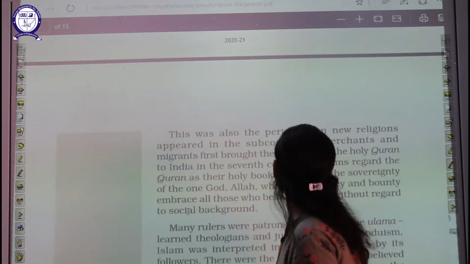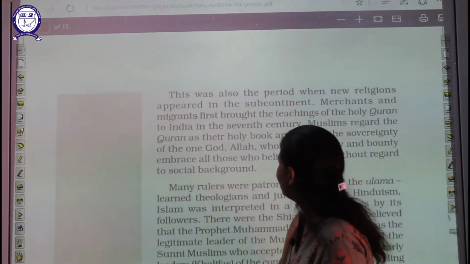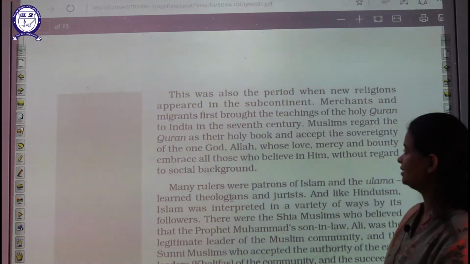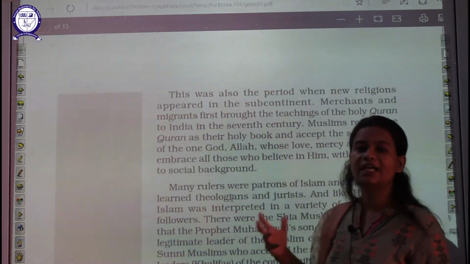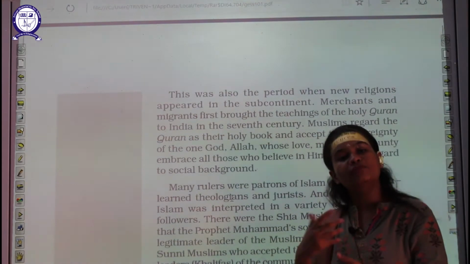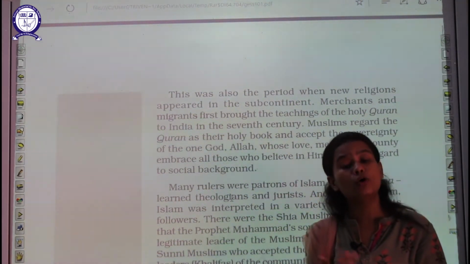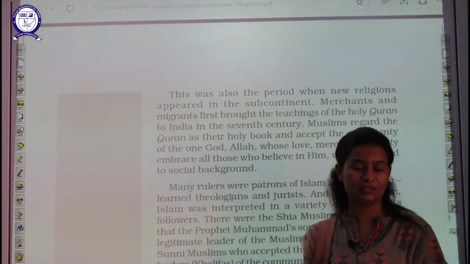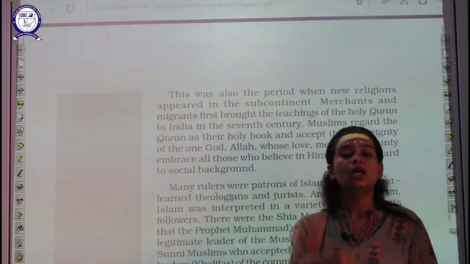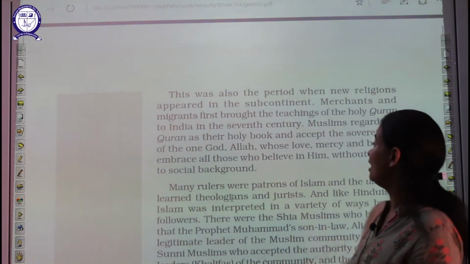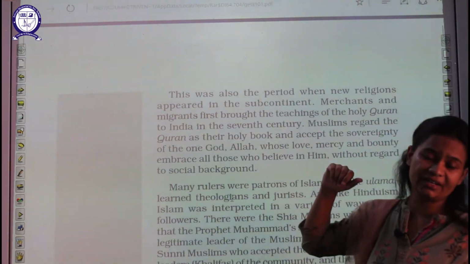Now what is said here? I told you that new religions came into existence. People started following, worshipping, or involving themselves in more and more holy religious practices. Holy religious practices means pure teachings. One example is given here regarding Muslims.